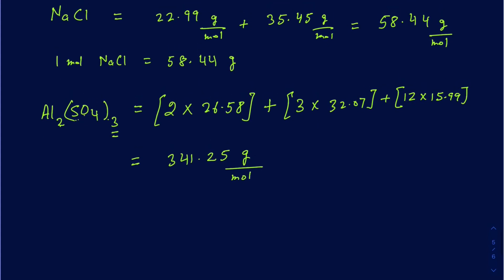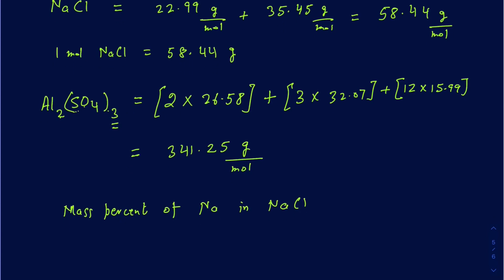So let's say I look at sodium chloride. The question could have been asked, what's the mass percent of sodium in sodium chloride? I can set it up like this.